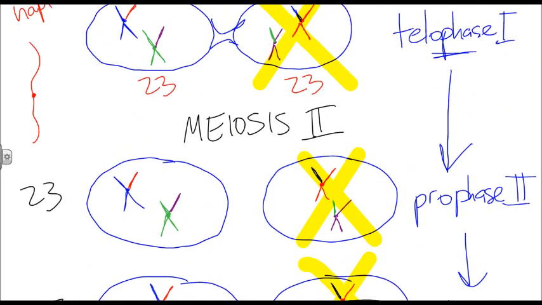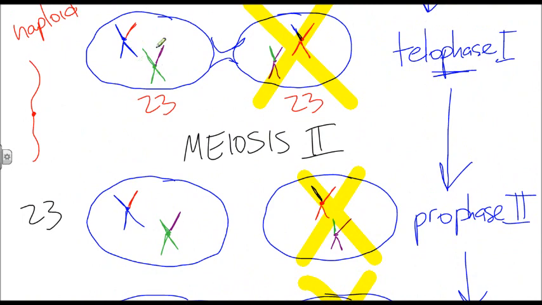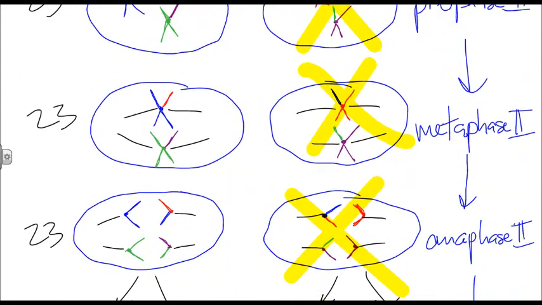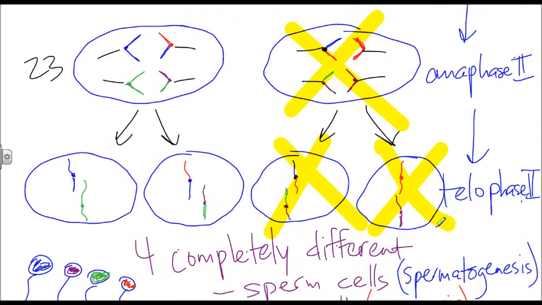However, when that one haploid cell undergoes meiosis 2, and this is only in females to form the egg, this cell undergoes prophase 2, metaphase 2, anaphase 2, and then finally telophase 2, and only one of these is going to survive.